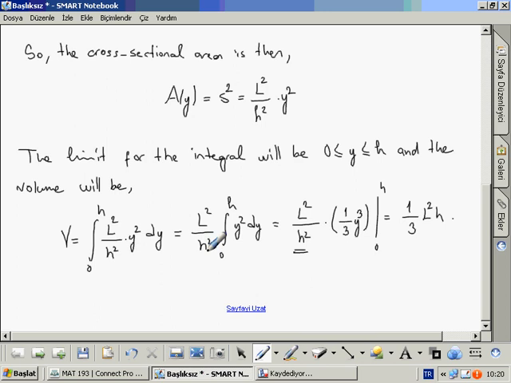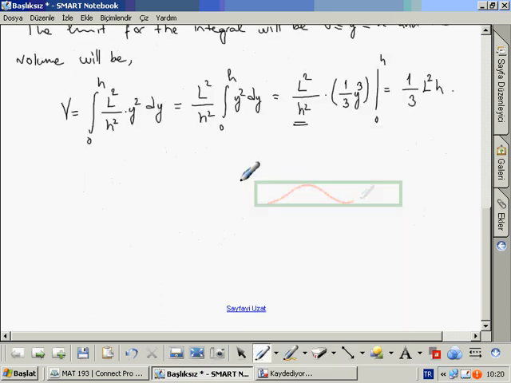Okay, and let me give you some examples about this portion. Maybe this example will be interesting for you again.